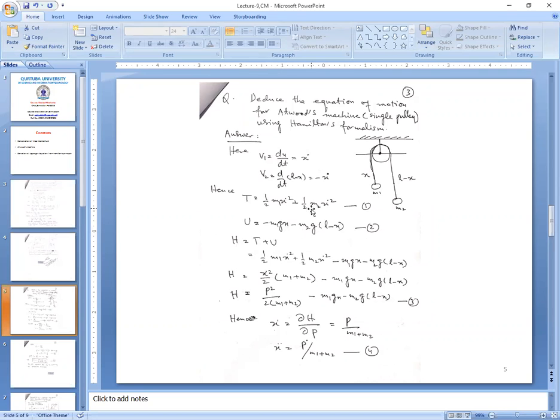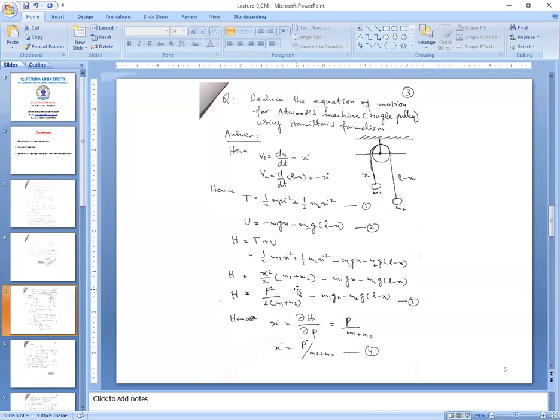If you put in the values of the kinetic energy and potential energy, it gives you this equation, and you can simplify by taking x dot square divided by 2 common from these two terms. It will become m1 plus m2, which is equal to the total mass m of the system. If you multiply m1 plus m2 in the denominator and also in the numerator, you will have m1 plus m2 into x dot square, which becomes momentum.